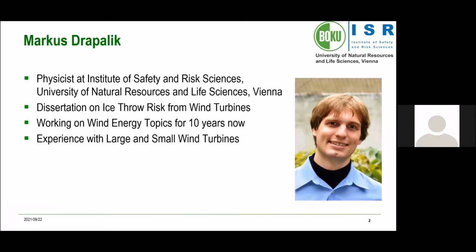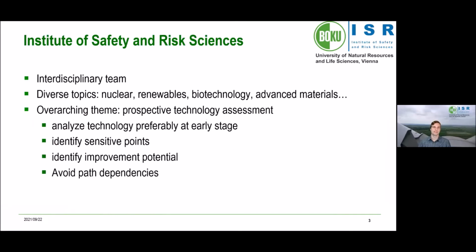What might be interesting to you is the institute I'm working at, which is the Institute of Safety and Risk Sciences of the University of Natural Resources and Life Sciences in Vienna. We have an interdisciplinary team with quite a large range of topics, from nuclear to renewables, biotechnology, advanced materials, and so on.